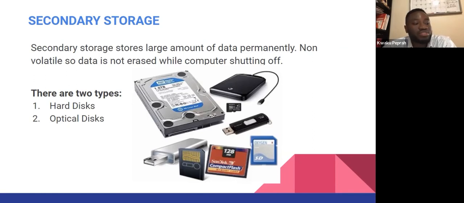There are two types of this secondary storage. We have the hard disk and we have the optical disk. As you can see here, these are examples of secondary storage. We have the hard drive, the external drive, flash drives, and also micro drives, which you can recognize.